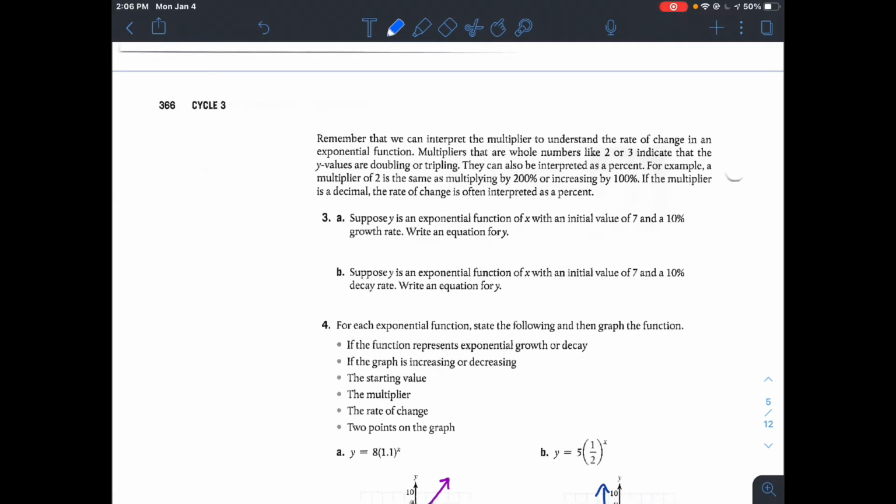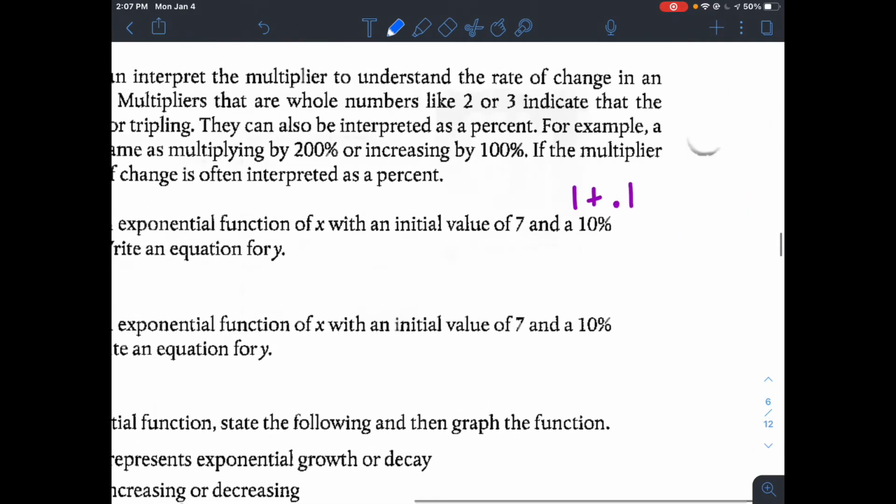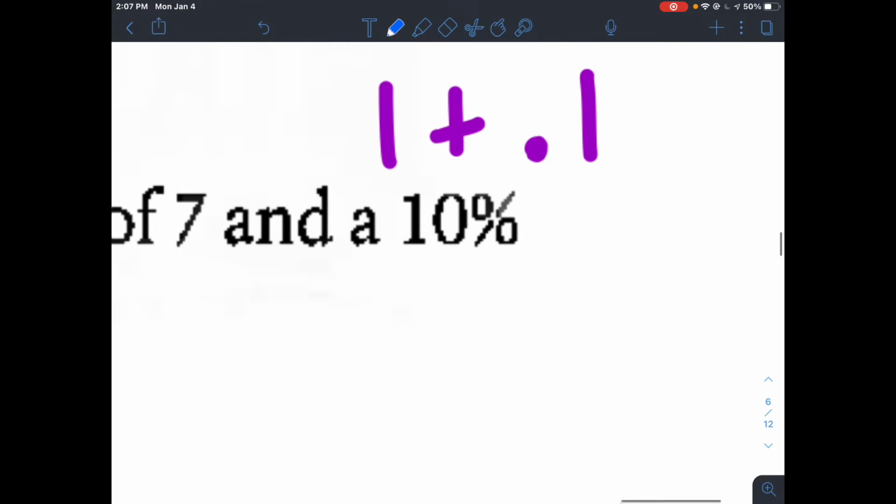So for these ones, suppose y is an exponential function of x that has an initial value of 7 and a 10% growth rate. Write the function for y. So I'm just writing their function. This percent I'm going to need to write as a decimal.